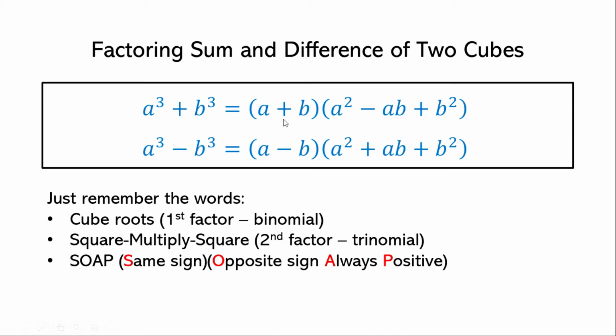S for same sign. Yung unang sign natin is the same sa given. O for opposite sign. Yung pangalawang sign na gagamitin natin ay kabaliktaran ng given. And yung dulo is always positive. Again, kapag difference of two cubes naman, same sign, minus, opposite sign, plus, and the last part is always positive.